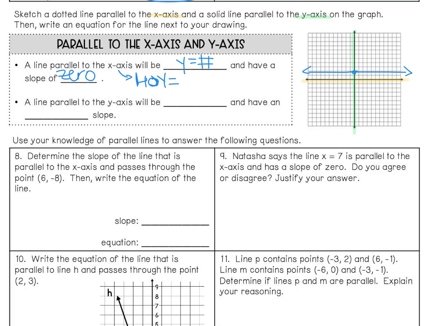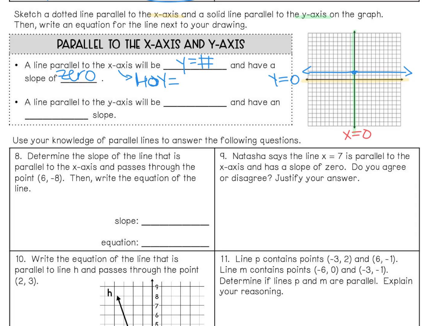Yes, because technically the equation for the x-axis is actually y equals 0. So if they're parallel, they're still y equals. The equation for the y-axis is x equals 0, which is a little backwards.